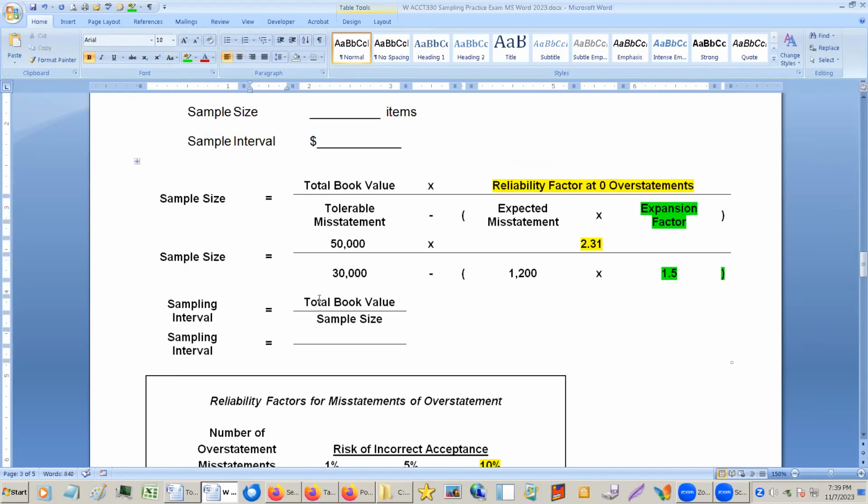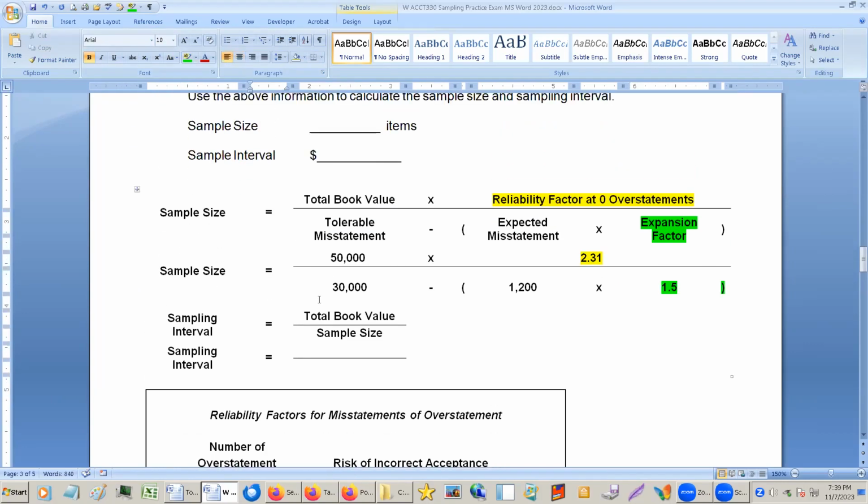I thought I left a space for calculating the sample size, but apparently I didn't.